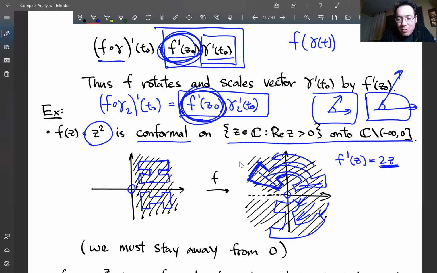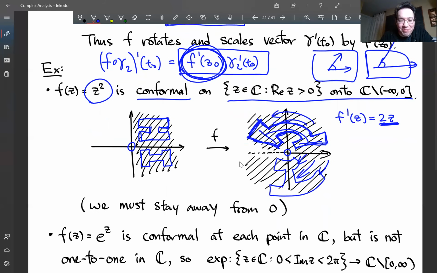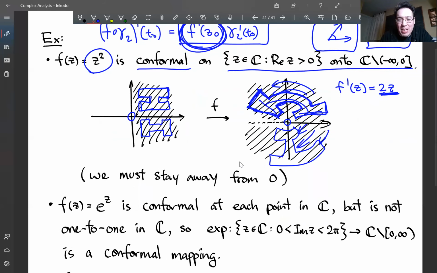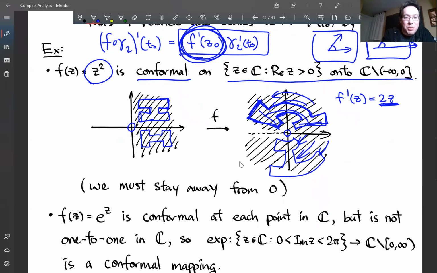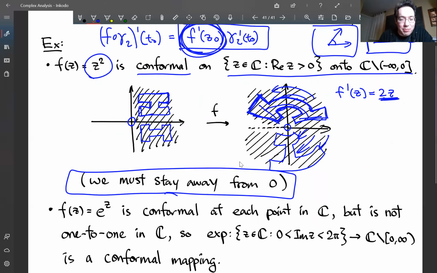So all these angles will still appear as angles of 90 degrees, all of them, which I think is really cool. But for z squared to be conformal, we must stay away from 0.